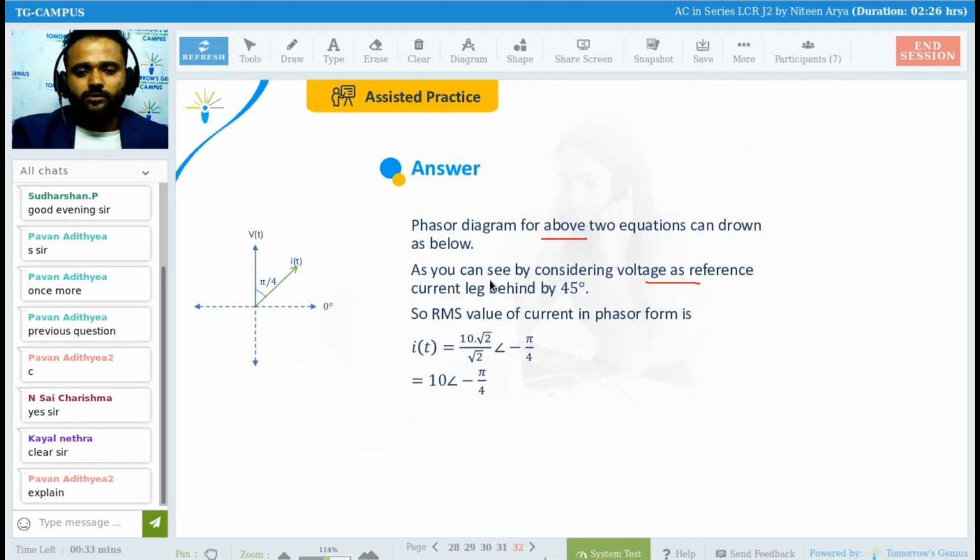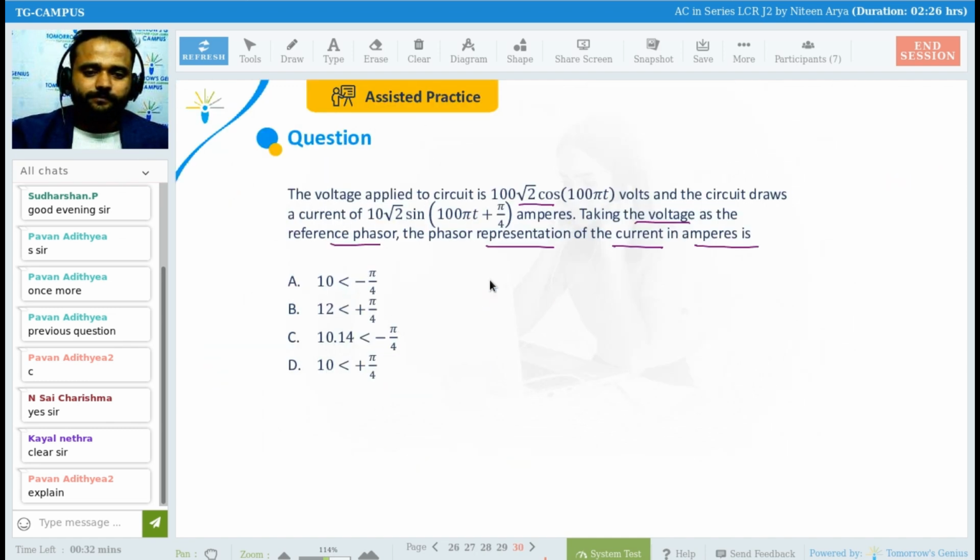Okay, so as you can see, by considering voltage as a reference, current lags behind by 45 degrees. So the RMS value of current in phasor form is I(t), which is 100 root 2 by root 2, angle minus pi by 4. So that is your answer. Is this clear? So option A is correct. Is this clear, everyone? Clear everyone or not?